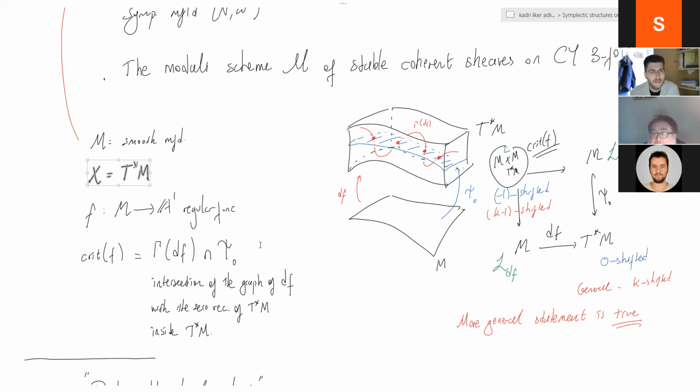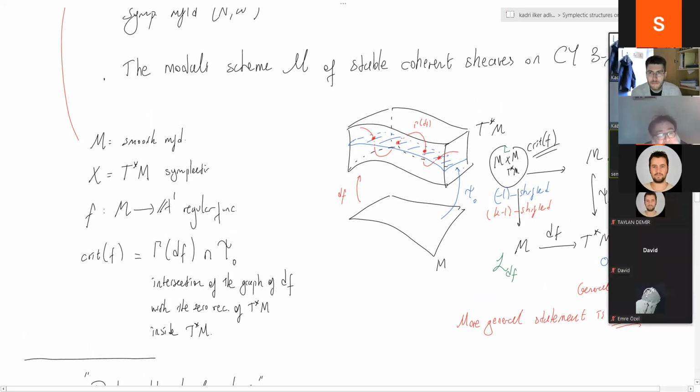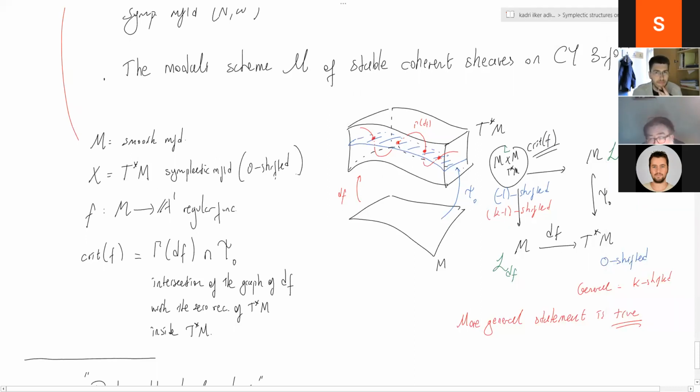So the K equals 0 case corresponds to this symplectic case, zero shifted. K is the amount of shifting in general.